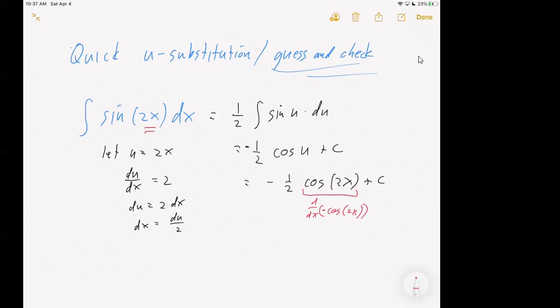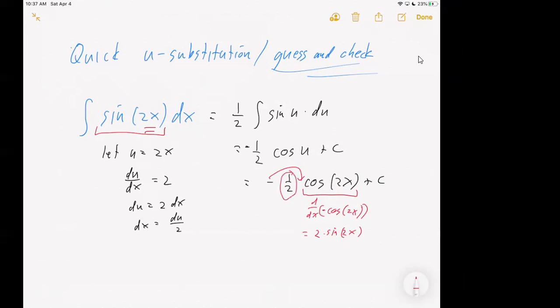So we know that we'll have a sine of 2x, and then by our quick chain rule, we would multiply that by a 2. So we know that when we take the antiderivative of sine of 2x, we'll have to have a negative cosine of 2x. And therefore, when we go to check the answer, we're going to be multiplying by 2 one more time.